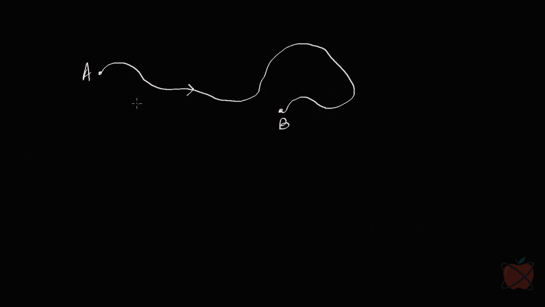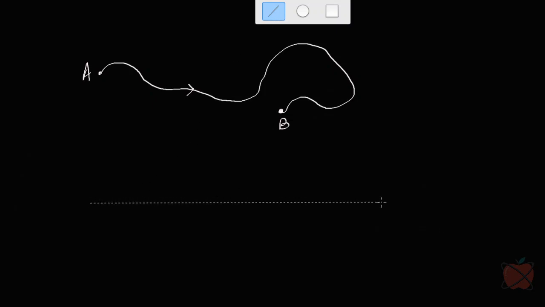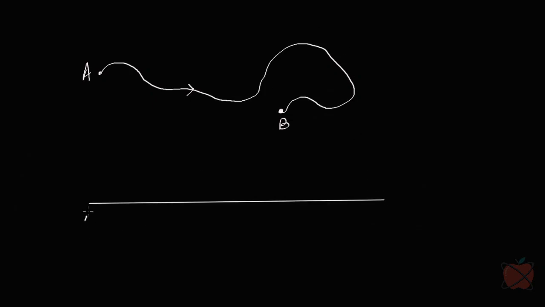That would give us the path length or the distance traveled by the body. But this is a case where the body is traveling in two dimensions. Now suppose a body is traveling only in one dimension, which means the body is traveling in a straight line, going from A to point B, because now we are talking about motion in a straight line, a one-dimensional motion.